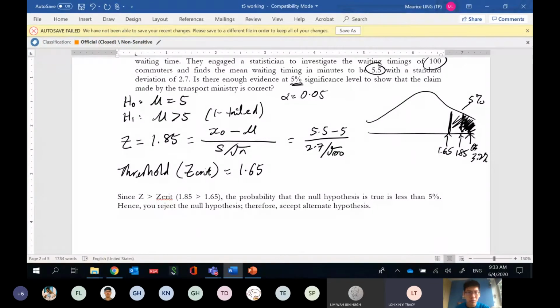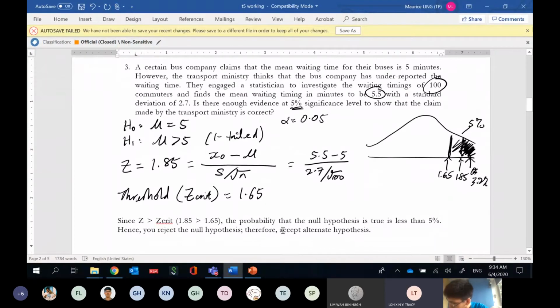All right. Then is this answer complete? No. So what is the next line that you say? You need to say there's sufficient evidence. Is the transport ministry correct or wrong? Go back to your null hypothesis: wrong.